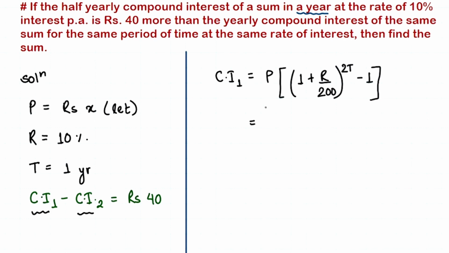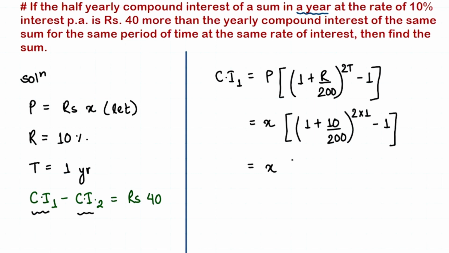Now we just put in the values, right? Our principal is X, we don't know this value, (1 + 10/200)^(2 × 1) - 1 equals X[(1 + 0.05)^2 - 1], since 10 divided by 200 is 0.05, and 2 times 1 is 2. Equals X[(1.05)^2 - 1].